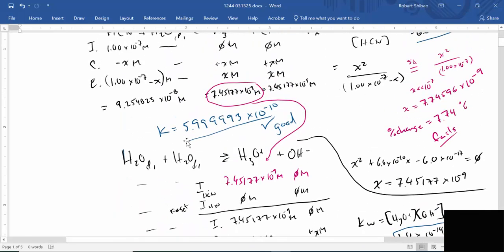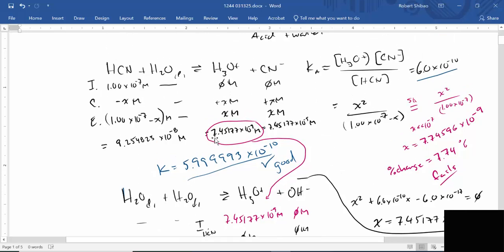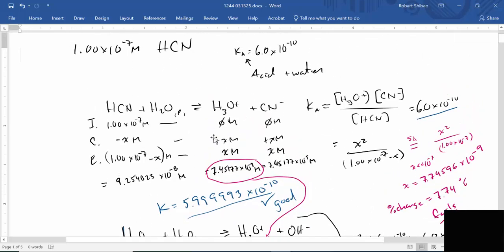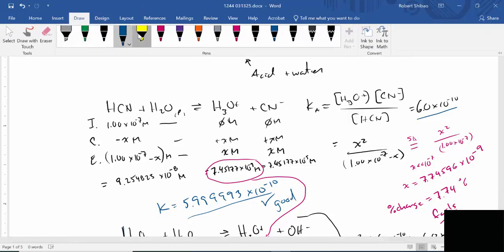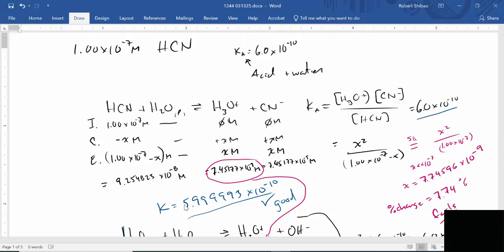But we go back to step 1, and we look at our K value here. Our K value is spot on, just about. This is going to be 6.0 times 10 to the minus 10, which is good.